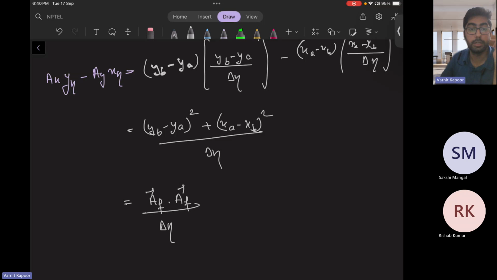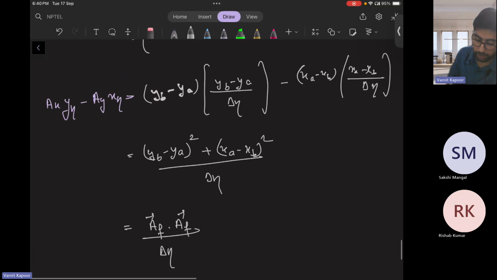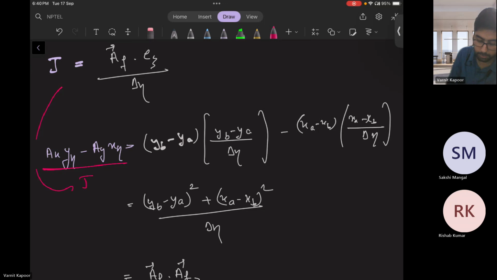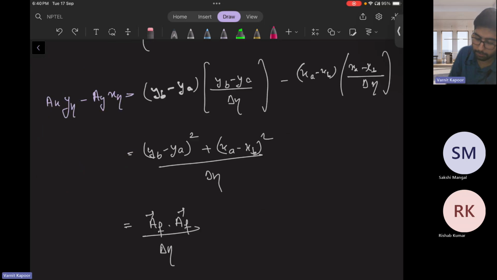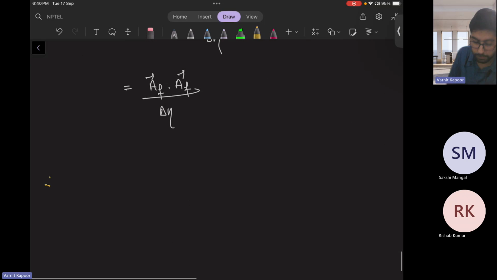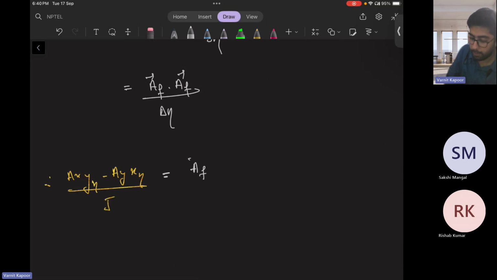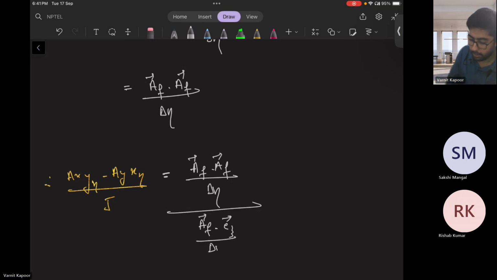And another term was ax y eta. So this whole term was written as this over Jacobian. So we will put this Jacobian here now. Therefore, (ax y eta minus ay x eta) over Jacobian can be written as af dot af over del eta upon Jacobian, which is af dot e zeta over del eta.